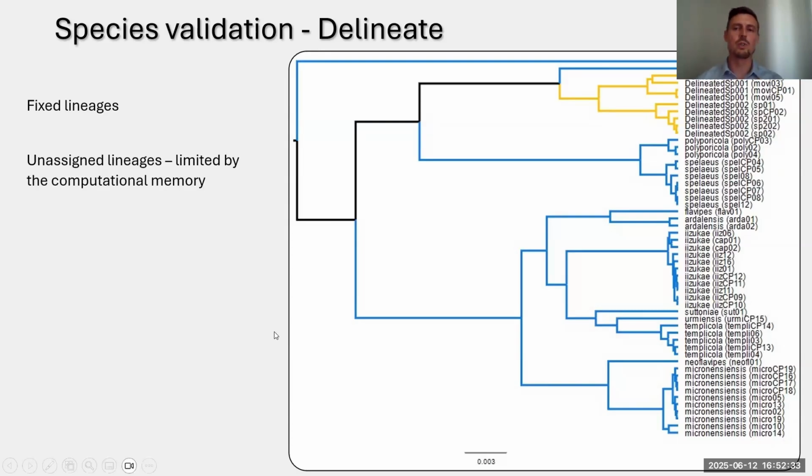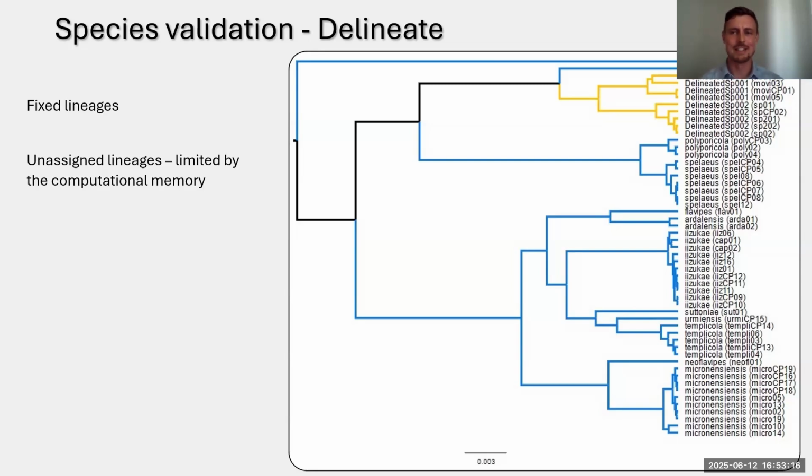So you get this species tree for your data set, and then you have to fix some of the types, some of the lineages in your tree, and you leave some of the lineages unassigned, left to be delimited by the software. In this case, they are highlighted by this yellow color, and the only limitation that comes with this tool is the high usage of computational memory.